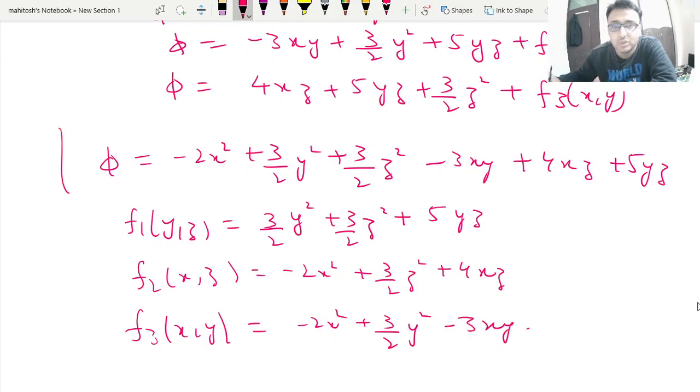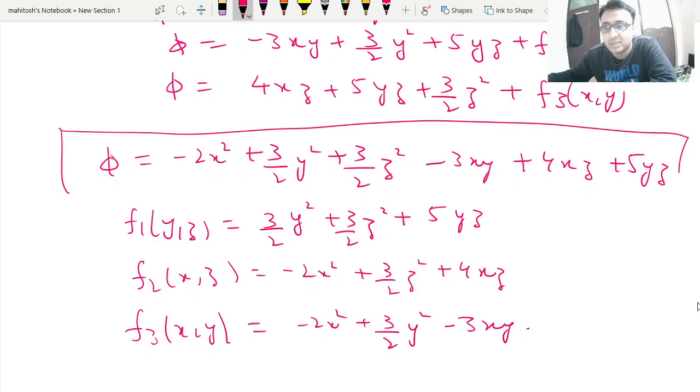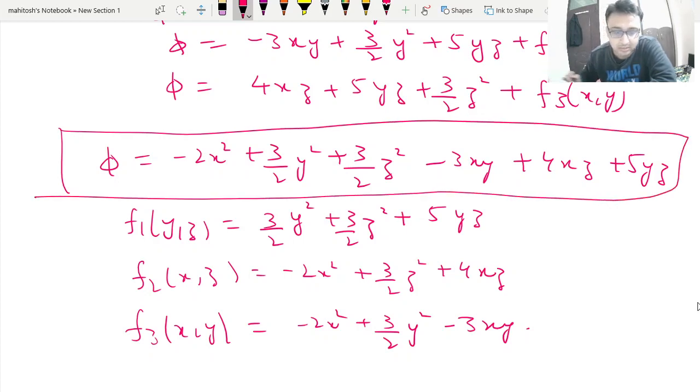So in both cases, we are getting the answer as this: minus 2x square plus 3 by 2 y square plus 3 by 2 z square minus 3xy plus 4xz plus 5yz. So the purpose of this question is that they are asking the basic fundamental concept of scalar potential, which will also be used elsewhere, like fluid dynamics and other places as well.